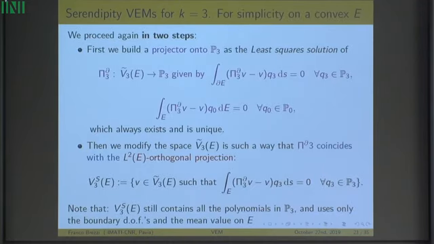So okay, let's try k equal 3. It's a little step. I want again to compute a projector which uses only the boundary degrees of freedom. Well, it worked before, so now try again the same stuff.